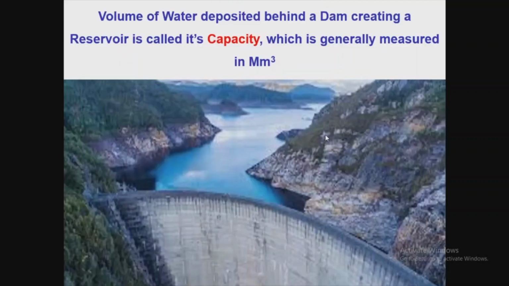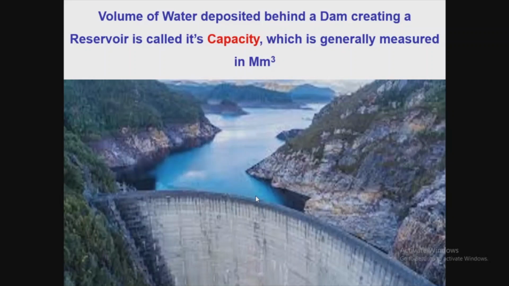Now, the volume of water which is deposited behind the dam, creating a reservoir, is called the capacity, because that volume, some capacity is developed. Capacity of glass, capacity of bottle, capacity of container, capacity of bucket.